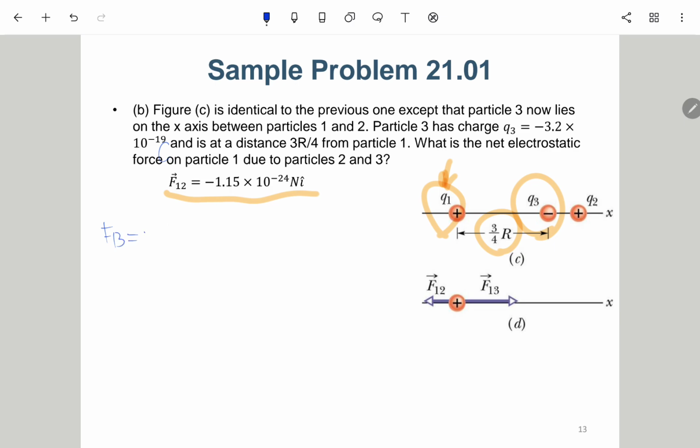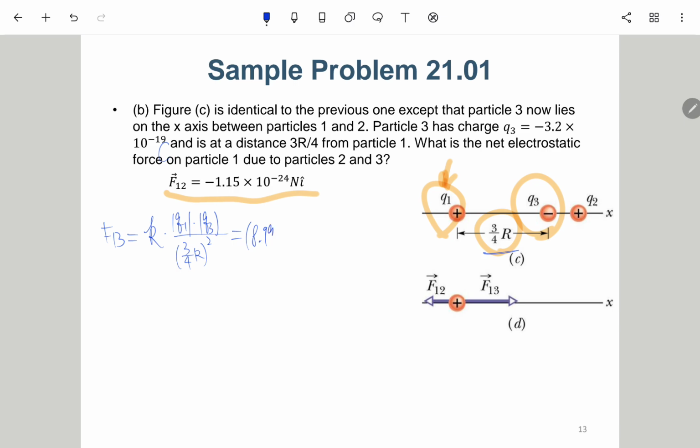F13 will be K times the absolute value of Q1 times the absolute value of Q3 over the distance between Q1 and Q3, which is 3/4 of R. So 3/4 times R, and then whole square. Okay, so then we only need to plug in the values.